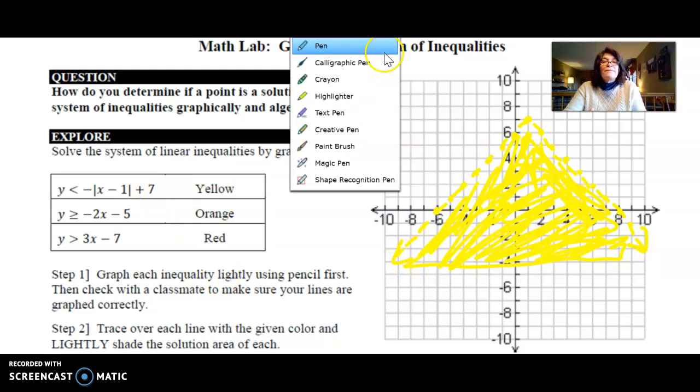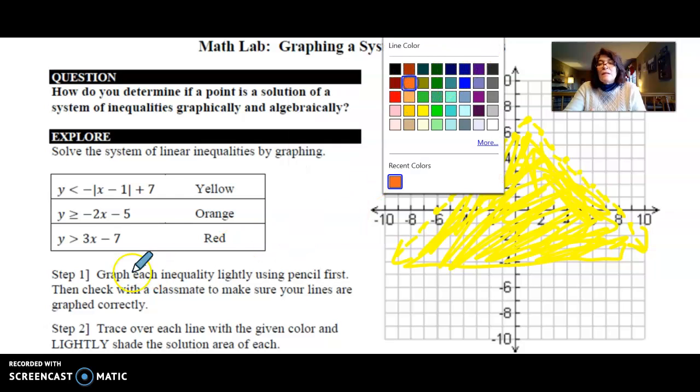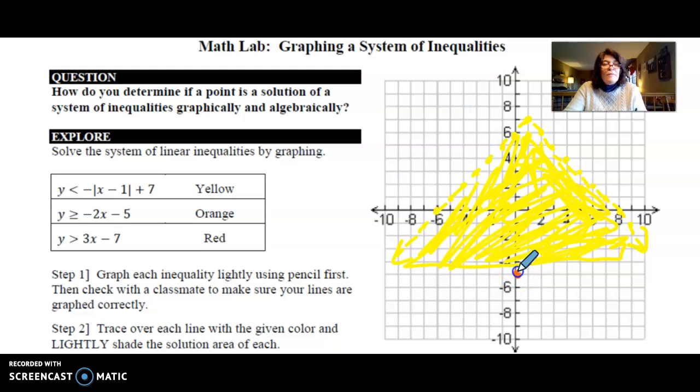We also, in orange, I want to graph this line. You can see this is a line, right? There's no absolute value to it. I'm going down to -5 on my y-axis. My slope is -2, down 2 over 1, or up 2 to the left 1. And it's greater than or equal to, so I can make that solid.